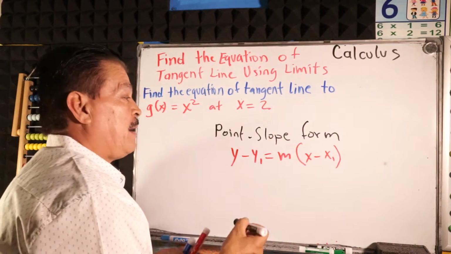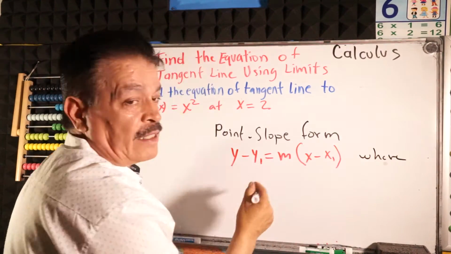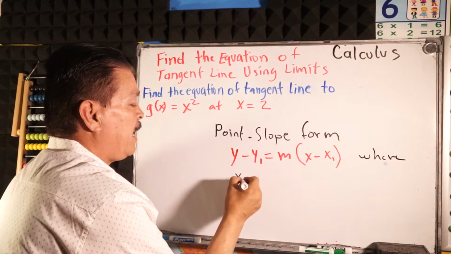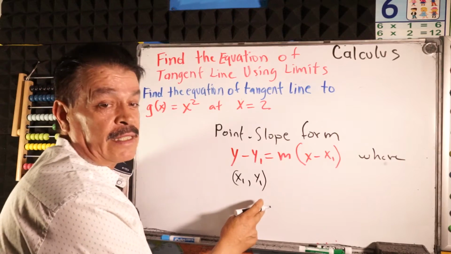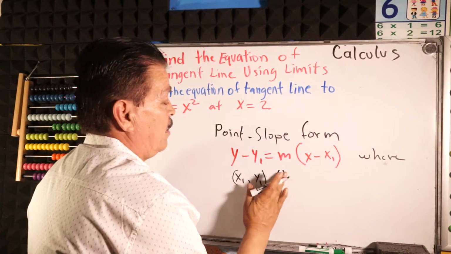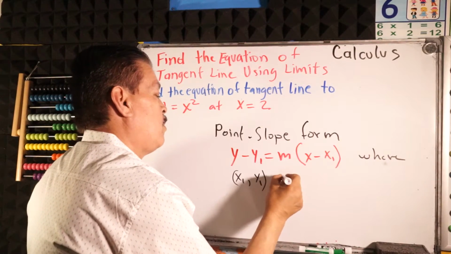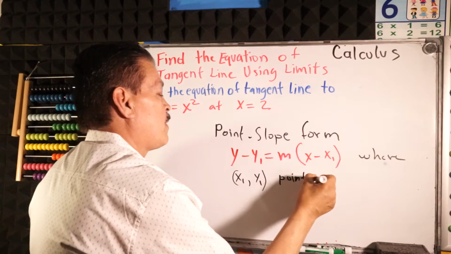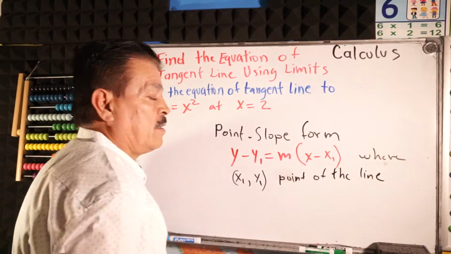In this example, x1 and y1 is the point of the line, the point on the line, right?